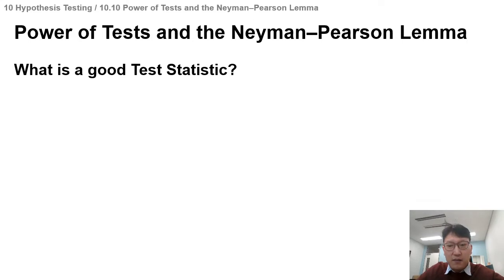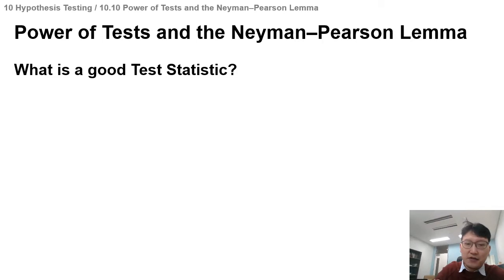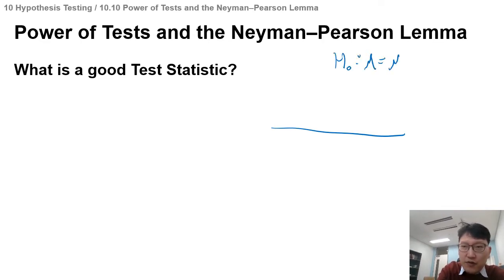We learned about lots of test statistics, and one of the problems is: is it a good test statistic? Probably we can construct other test statistics as well. So let's assume that we are testing H0: mu equals mu 0, and the alternative hypothesis is mu is greater than mu 0.